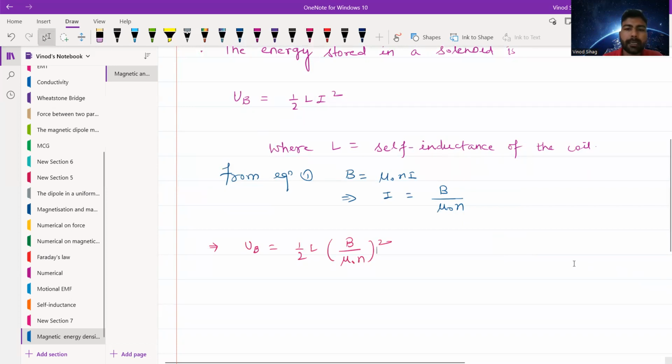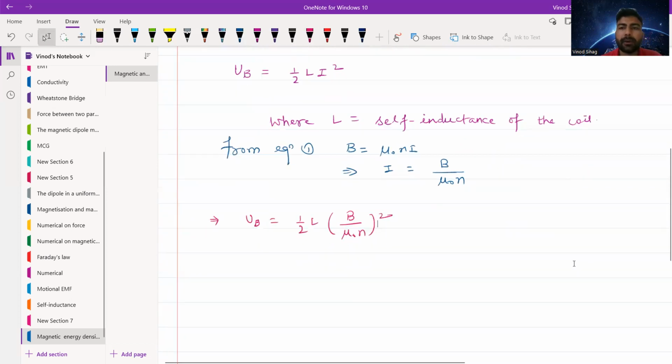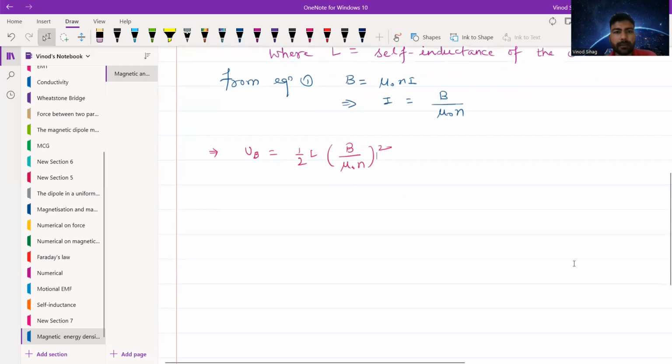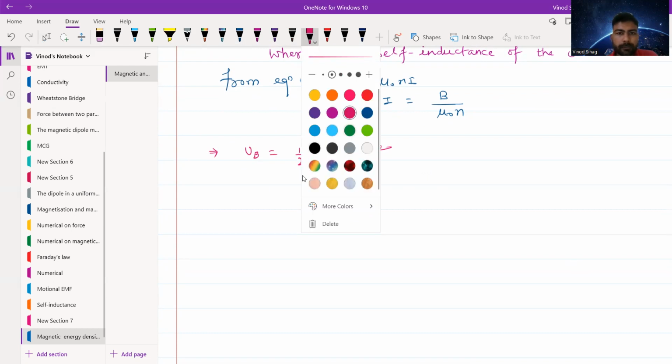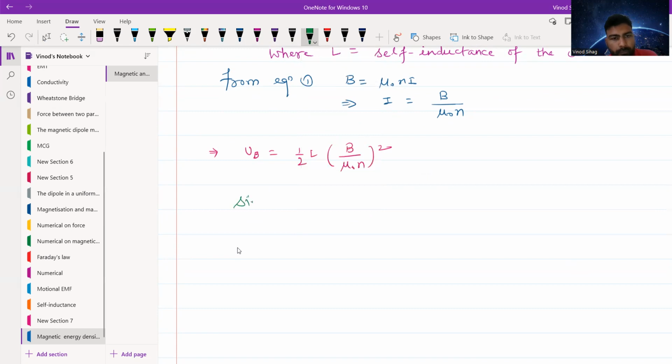We also know that the self-inductance of a coil is given as L equals mu naught n square A into l. This is the equation of self-inductance.